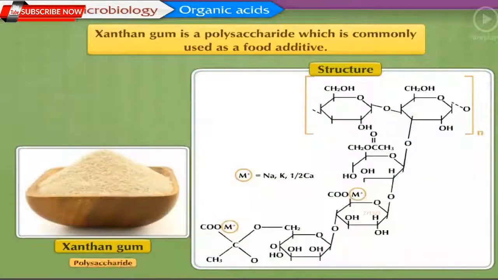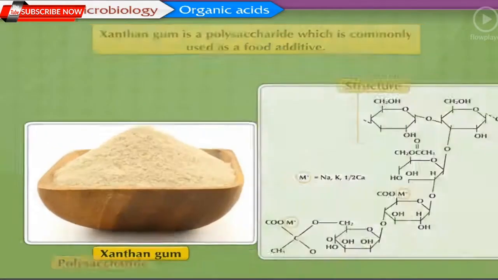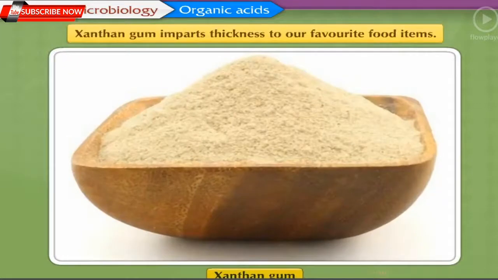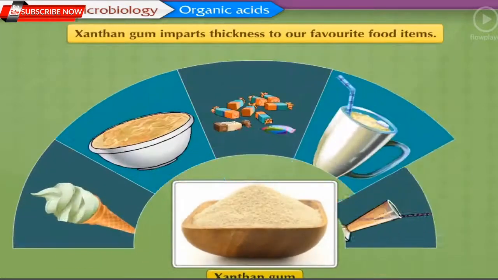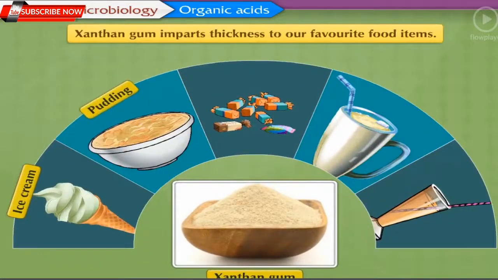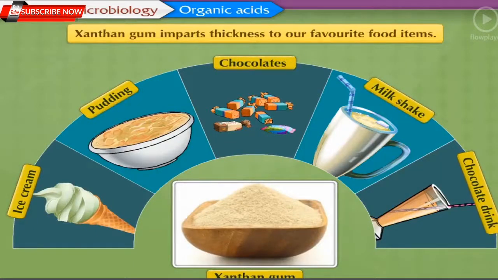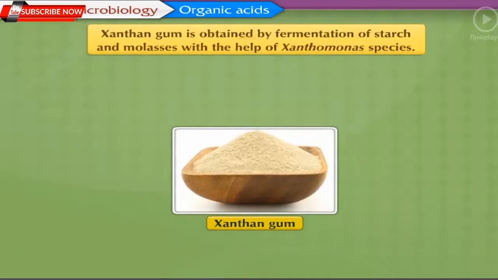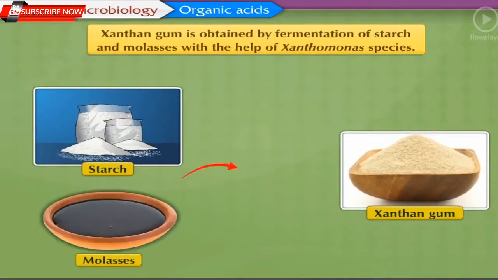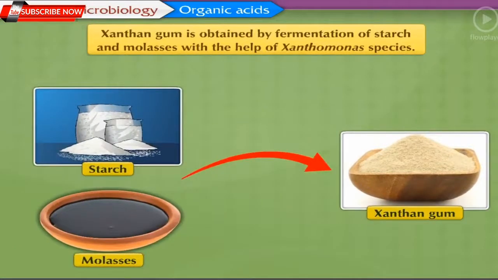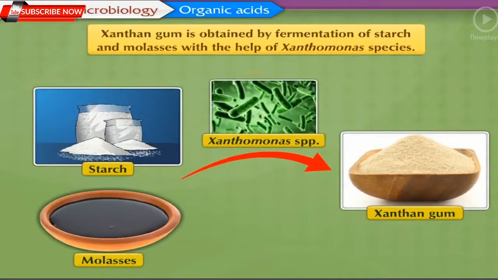Xanthan Gum is a polysaccharide which is commonly used as a food additive. Xanthan Gum imparts thickness to our favorite food items like ice creams, puddings, chocolates, milkshakes, chocolate drinks, etc. This gum is obtained by fermentation of starch and molasses with the help of Xanthomonas species.